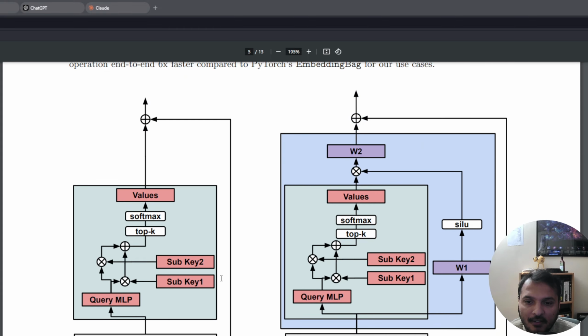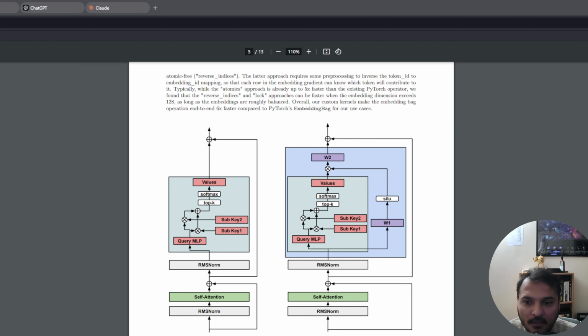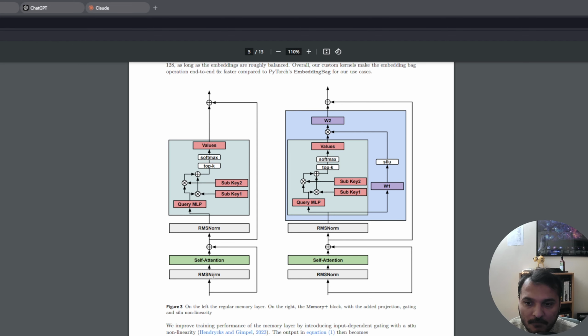So this is how the model looks. They zoom out, and on the left side is their module. You have your standard attention. When the attention comes out, there's a regular norm. When they say sub key 1, sub key 2, it's splitting the key matrix into two parts, doing the two parts separately, and then combining them.